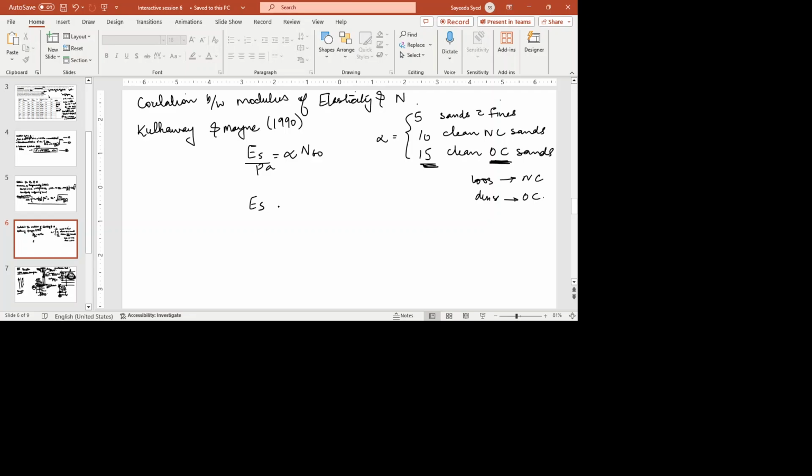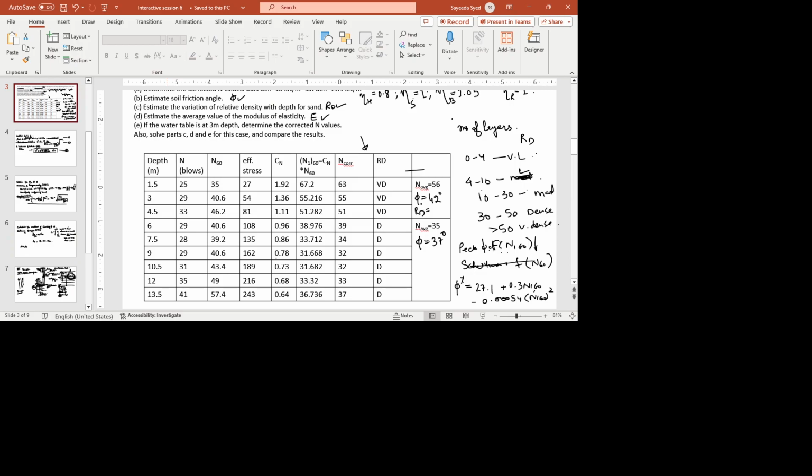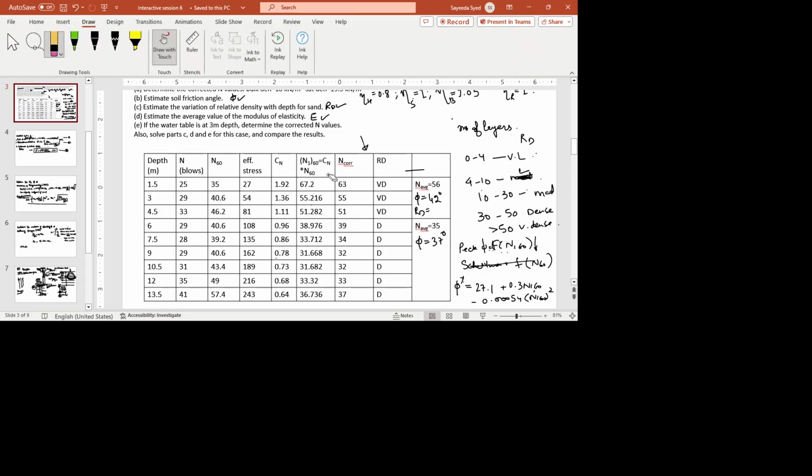So our Es will be equivalent to 15 times Pa, which is 100, the atmospheric pressure, times N60. So based on these correlations, let us now calculate the phi, Dr and Es. Phi we have calculated. Let's calculate the Dr for this soil for these strata. Let me actually type it.